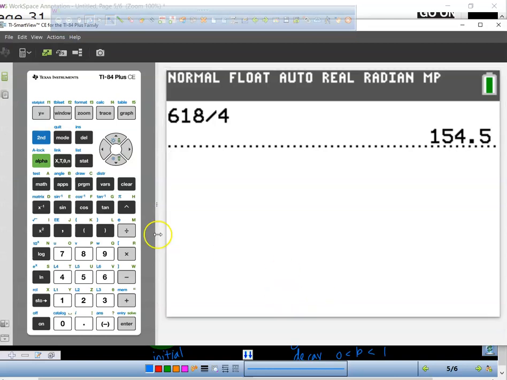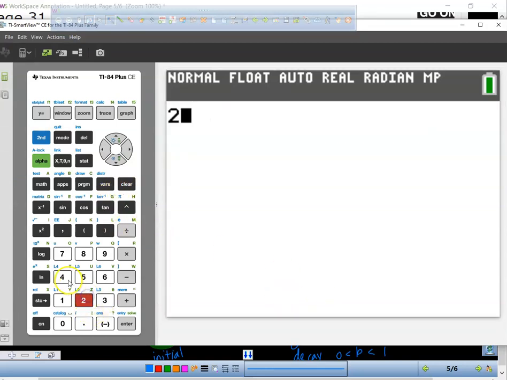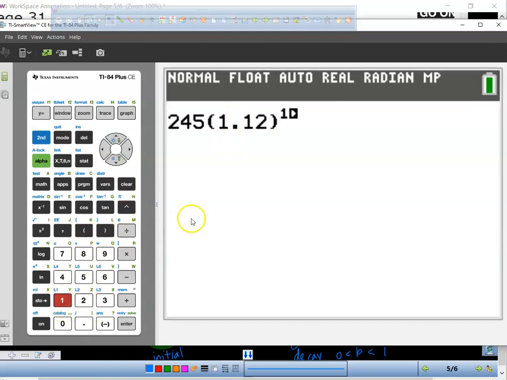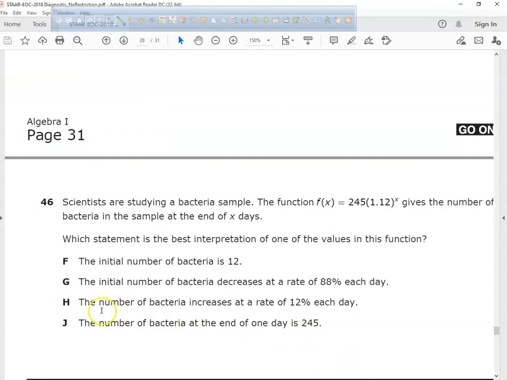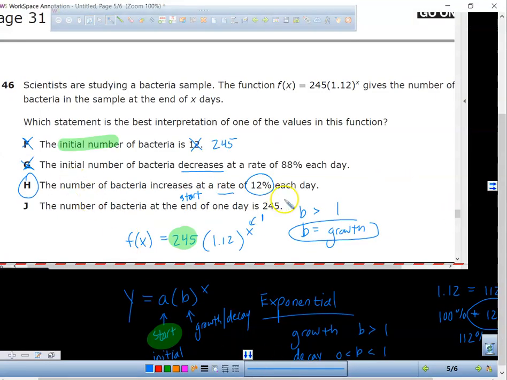Go to your calculator, just type in 245 times 1.12 and raise it to the power of 1. And what is it at the end of the first day? It's all the way up at 274. So that's how you could check to see if that was the correct answer. So the answer was answer choice H. Okay?